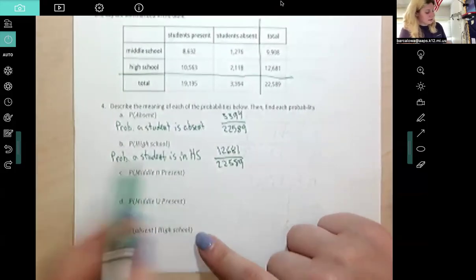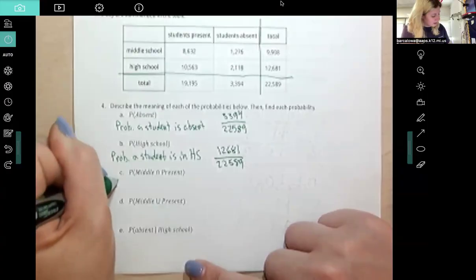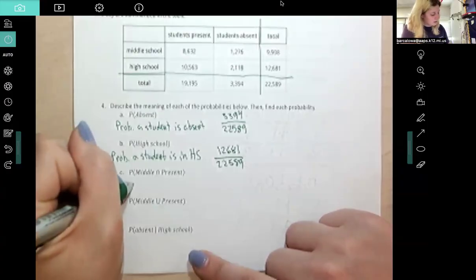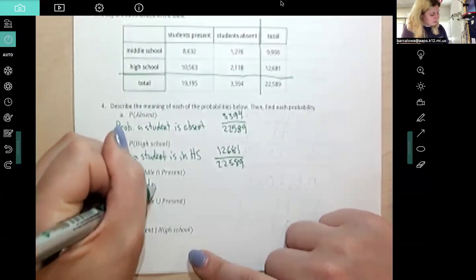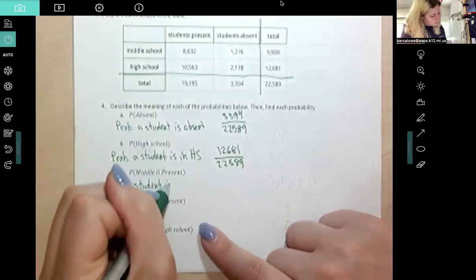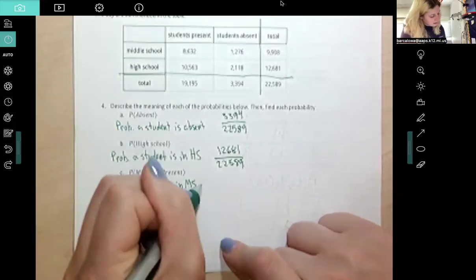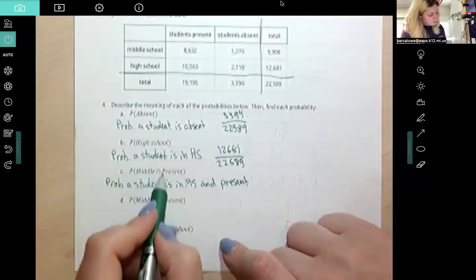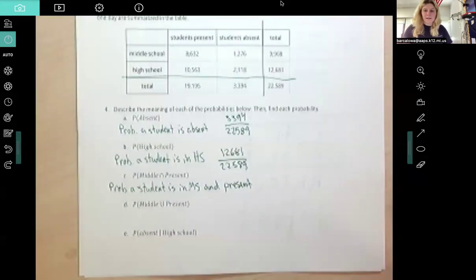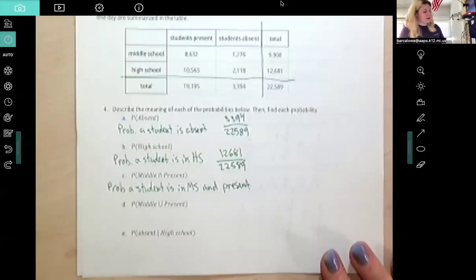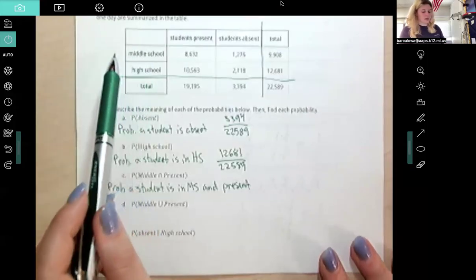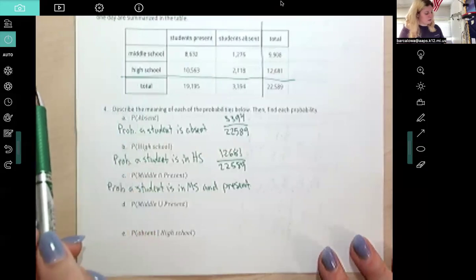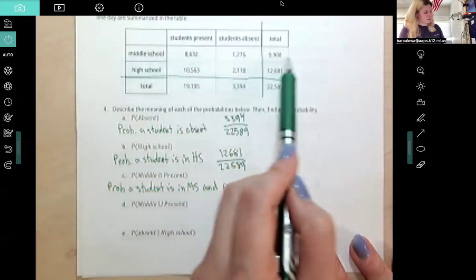All right, this one is asking, what is the probability a student is in middle school and present? That's what this little symbol means. It means and. I think of it like the N in the word and. Okay? So in middle school, these are all my students in middle school.